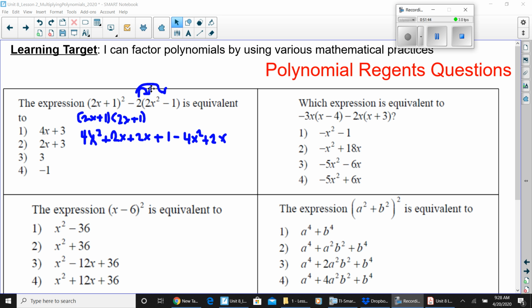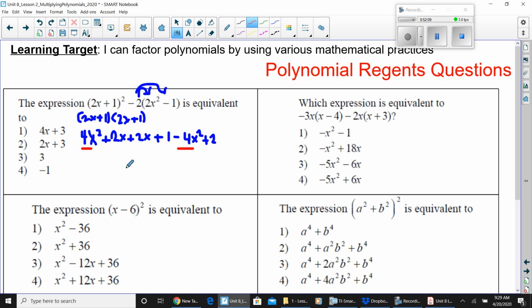And then this negative 2 times 2x is negative 4x squared. Negative 2 times negative 1 is a positive 2, not 2x. All right. Then you could just combine like terms like you normally do. I'm looking for the highest exponent.